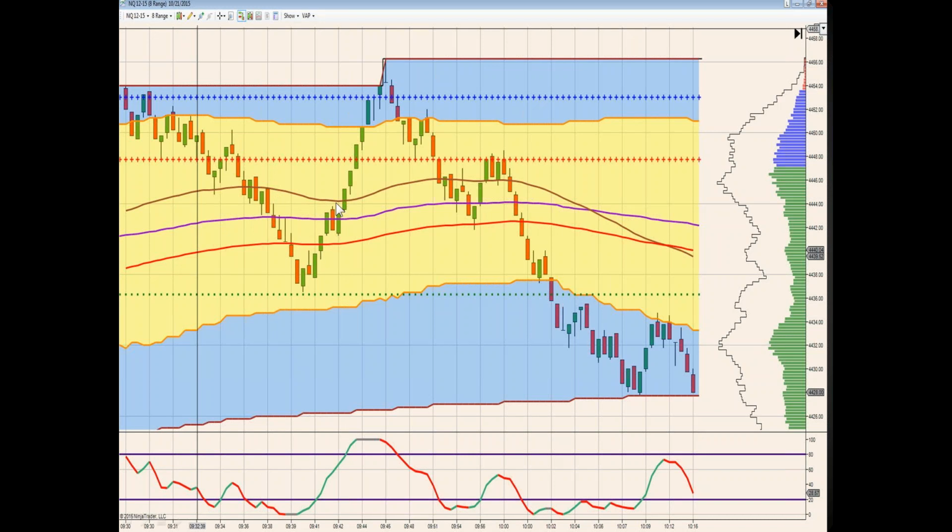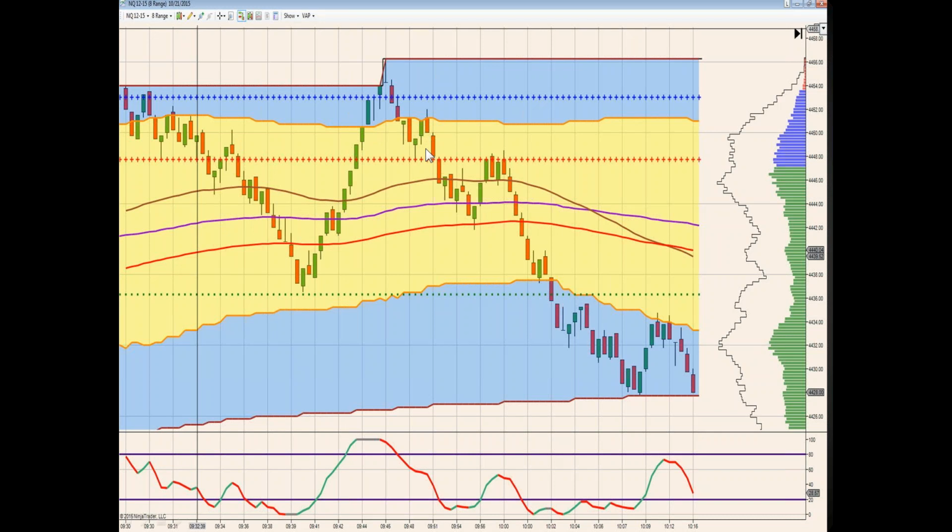Now, she's the one who trained me on how to take those areas, but admittedly, it's hard sometimes to pull the trigger because a lot of times you'll see on the bar that's forming on the order flow that you've got buyers come in and then all of a sudden it changes to sellers.